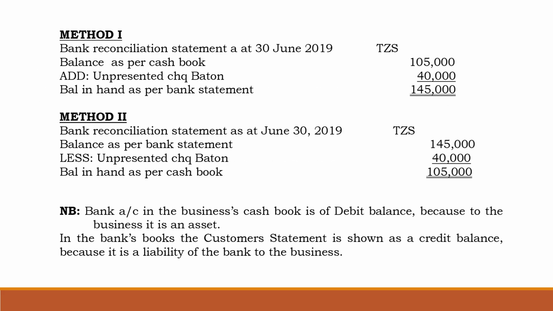A bank reconciliation statement starts either with the balance as per bank statement or with the balance as per cash book. If we start with the balance as per cash book, which is 105, we have to add the unpresented check so that we get the balance as per bank statement, which is 145.